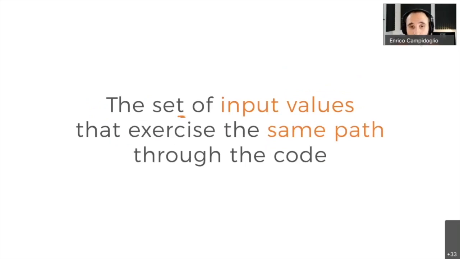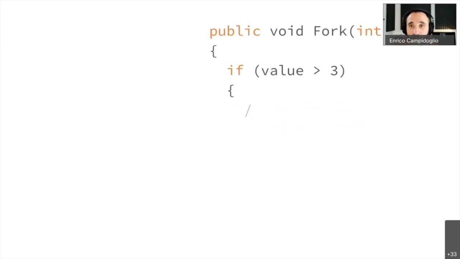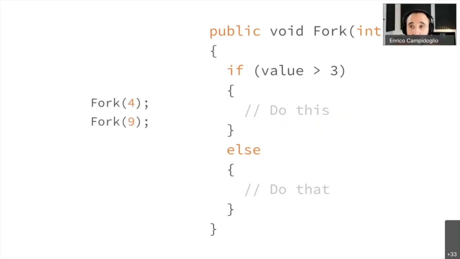Now, again, let's take an example. Imagine a slightly more complex function where you have an input value and you have two branches that execute based on what that value is. Now, if I invoke this method with the values 4 and 9, those values are bigger than 3, and they will execute that line of code.